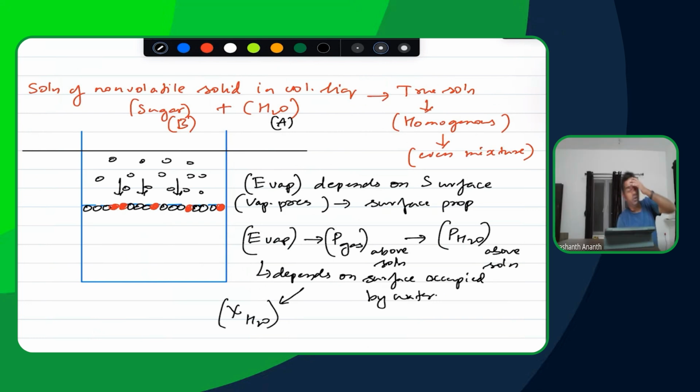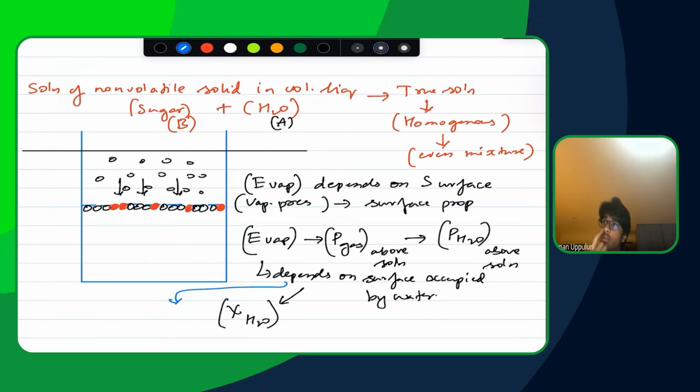Because this depends on surface occupied by water. It depends on basically what then? It depends on what is the fraction of water present on surface. Correct. How much water is there?